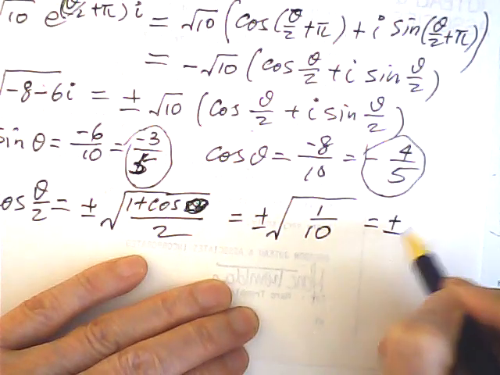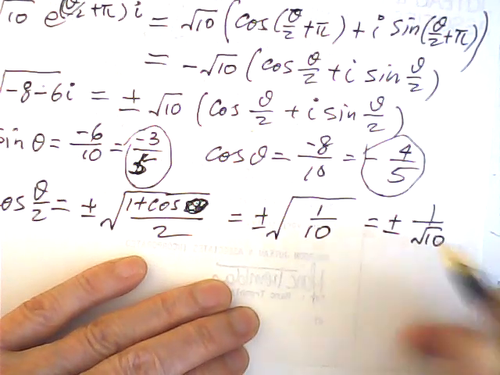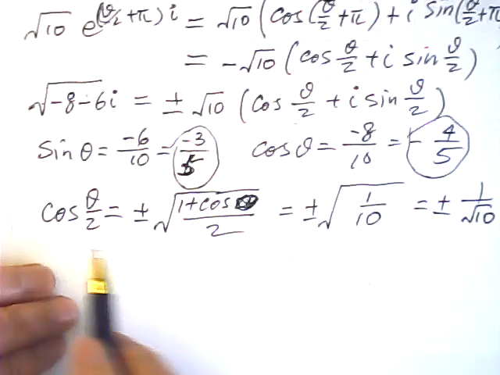So this is plus or minus 1 over square root 10. So that's cosine.